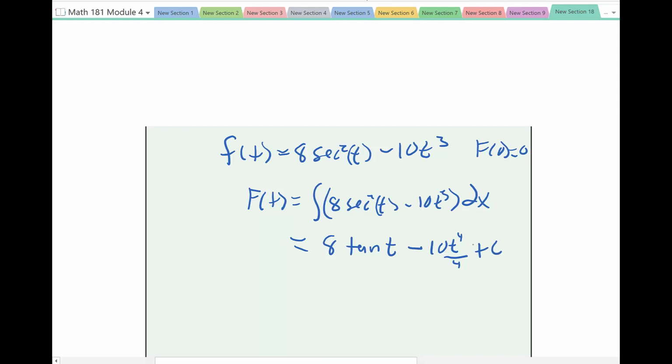And the initial condition is f of 0 is 0. So that is to say 0 equals 8 tangent of 0 minus 10 over 4 reduces to be 5 halves, 0 to the 4th, plus c. So that implies that c is just 0.